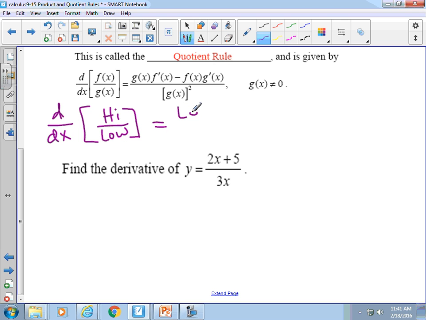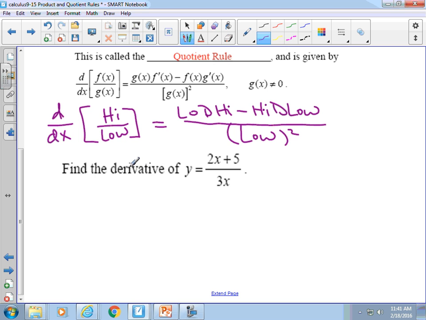The derivative is low d high minus high d low over low squared. Like the denominator, the bottom. So low d high minus high d low over low squared. It's just another memorization tool, but it's quite helpful. Low d high minus high d low over low squared.